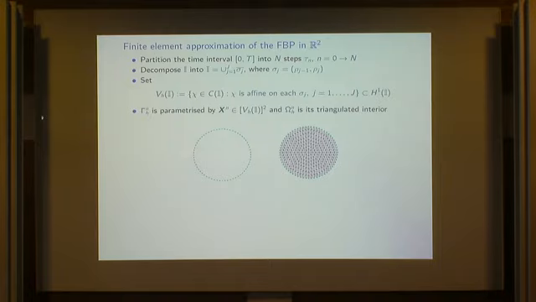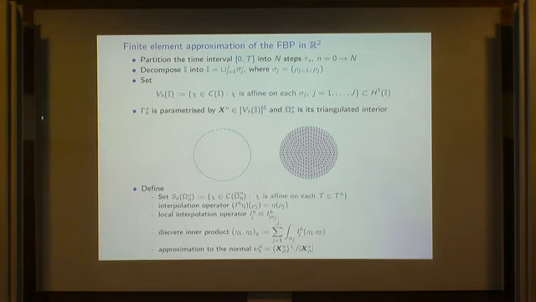We're just taking piecewise affine finite elements, and that is associated with the curve on the left-hand side. On the right-hand side is our finite element approximation of the domain omega t, which is just the triangulated interior of gamma h.